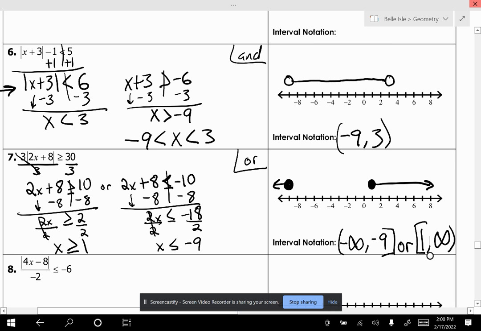Wait, what? I'm not finding it. They said beef. They did not say pig.